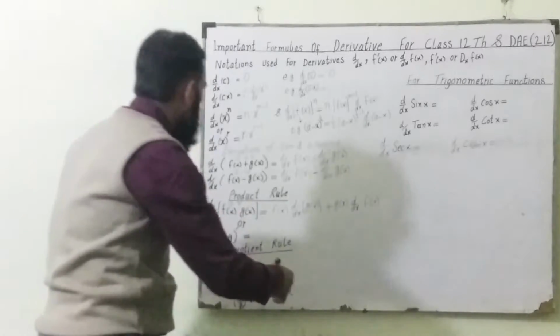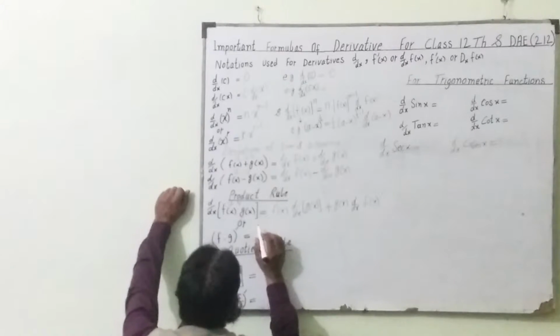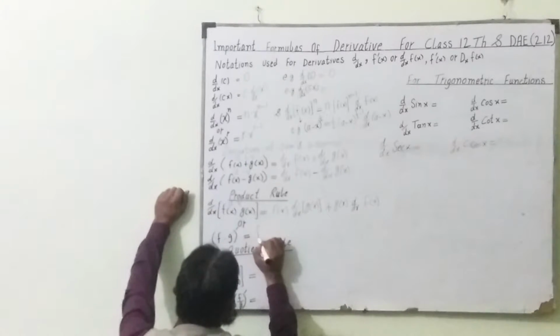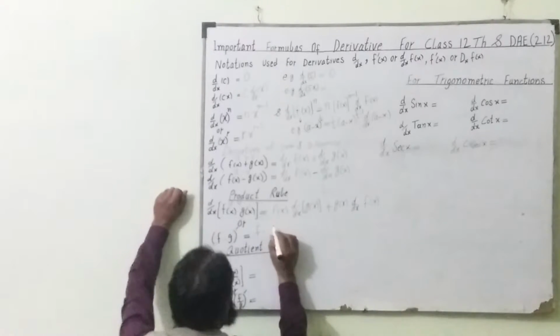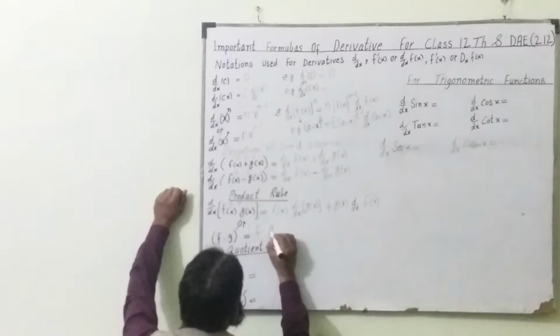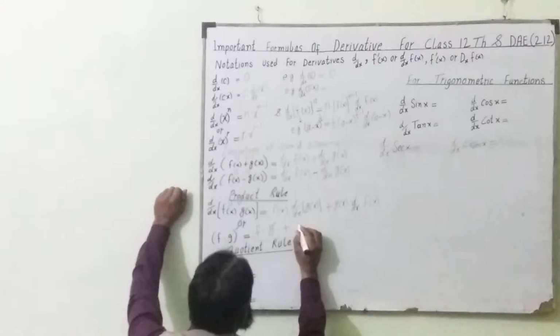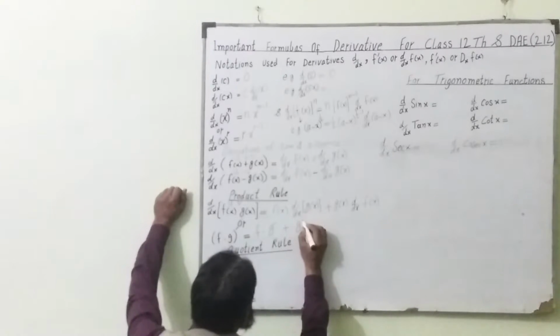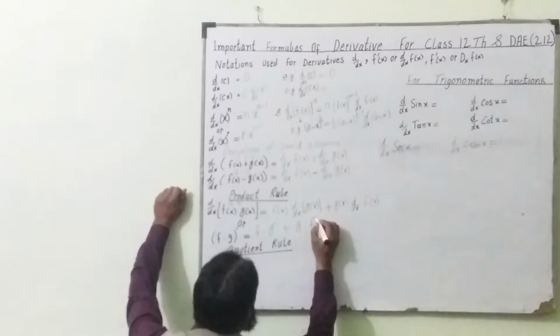So we can write f is as it is, and the derivative of g, plus g is the same and the derivative of f.